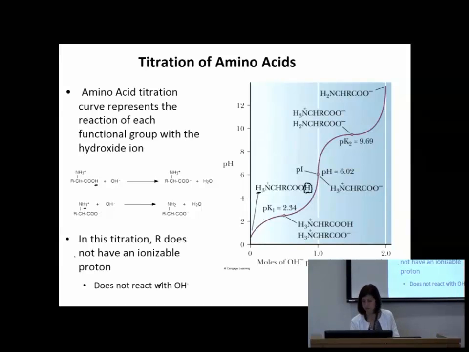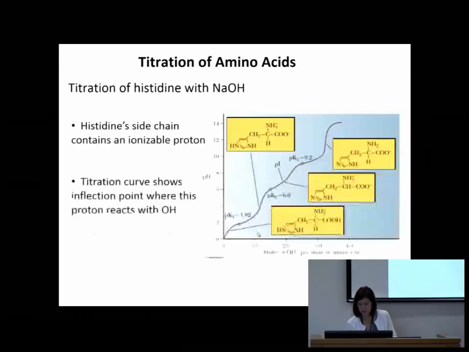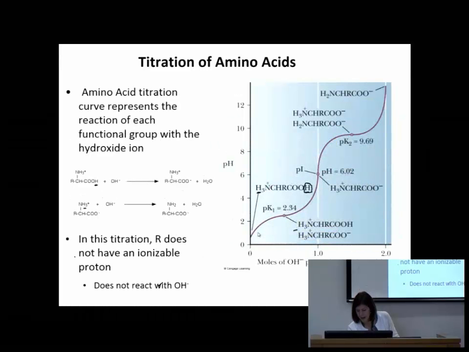At this first pKa, we have half of these two. So the concentration of those two, proton on and proton off, are equal. Which one do we have more of as we continue to drip hydroxide in?